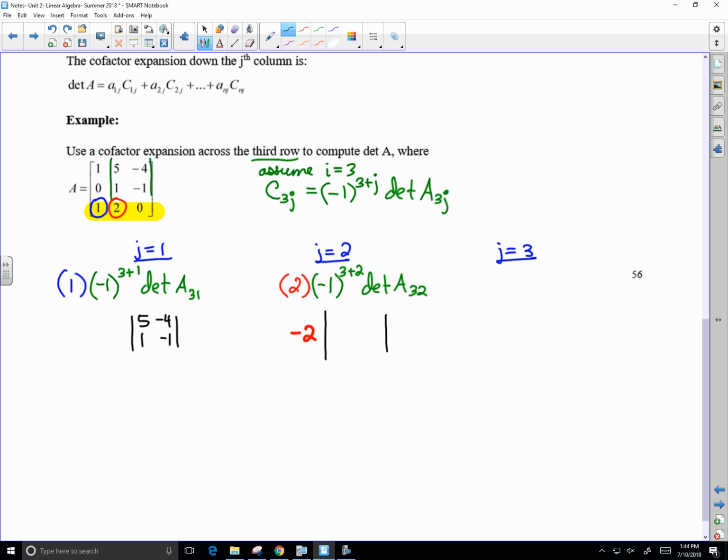The remaining entries, if we disregard all the elements in this row and column, would be 1, -4, 0, -1. And the last one, coefficient of 0, multiplied by whatever. It's going to be 0, right? No matter what it is.